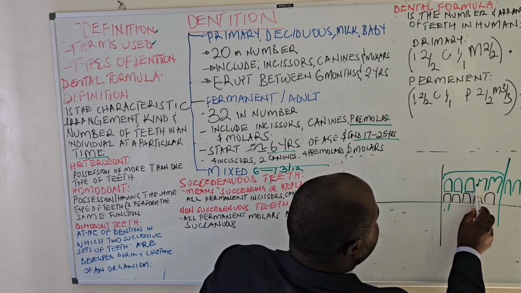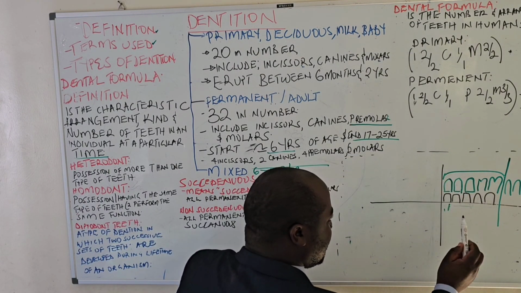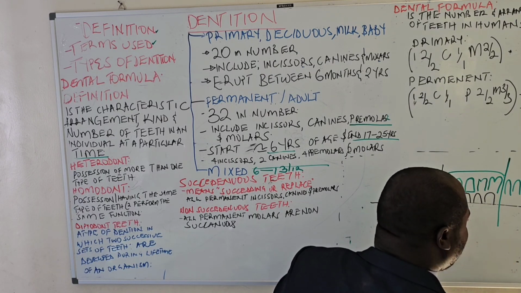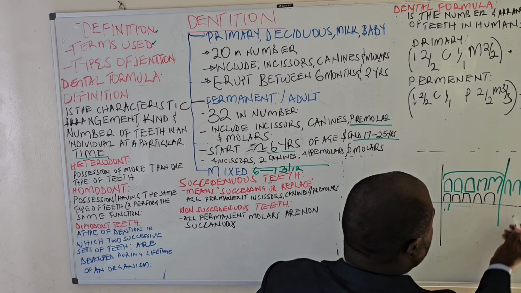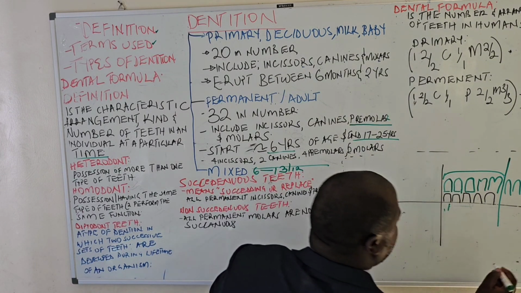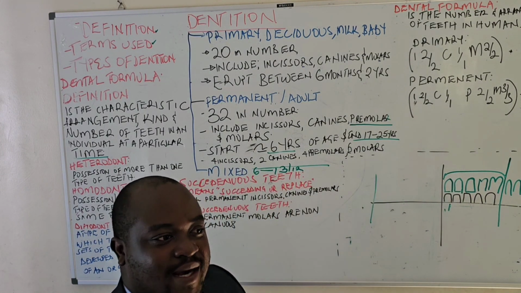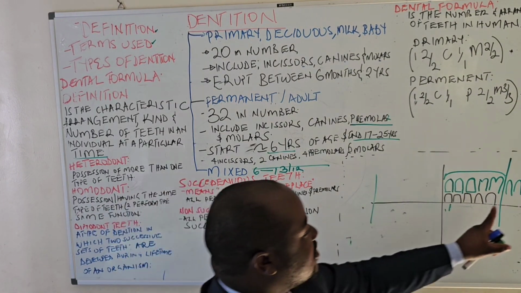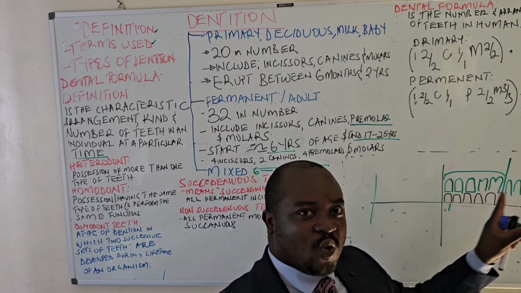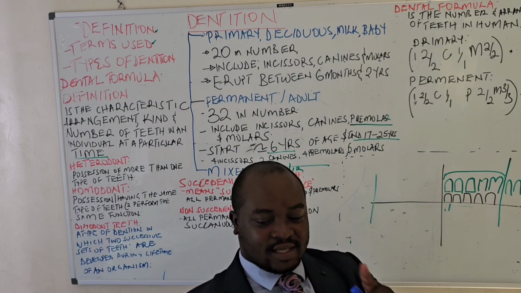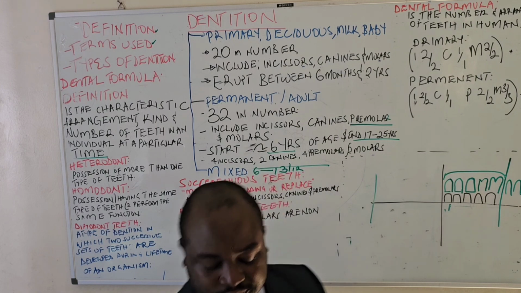Then, for all permanent molars, it means we have 3 here, 3 this side, 3 here, and 3 here. All permanent molars are non-succedaneous teeth because they appear in the mouth where there was no primary tooth. Thank you so much.